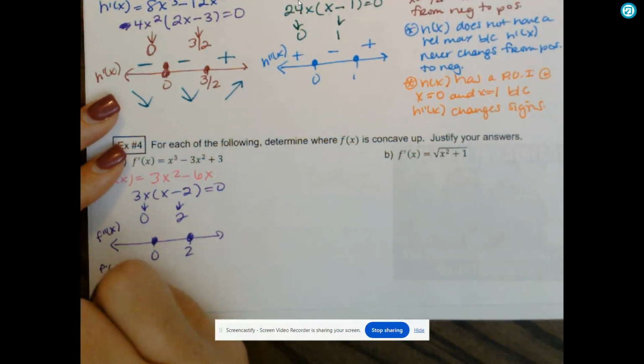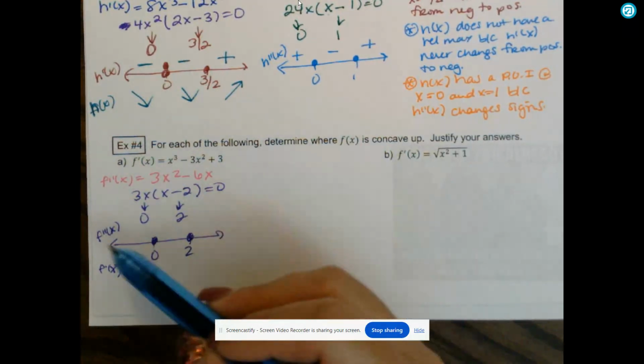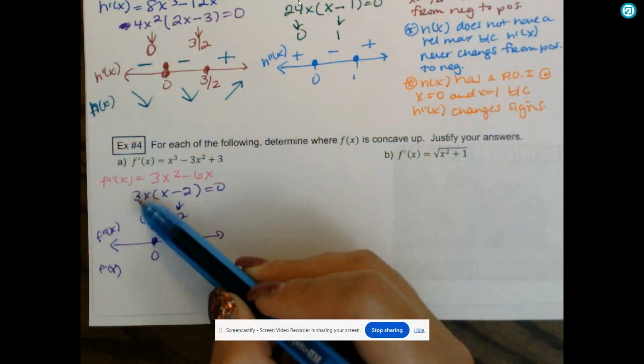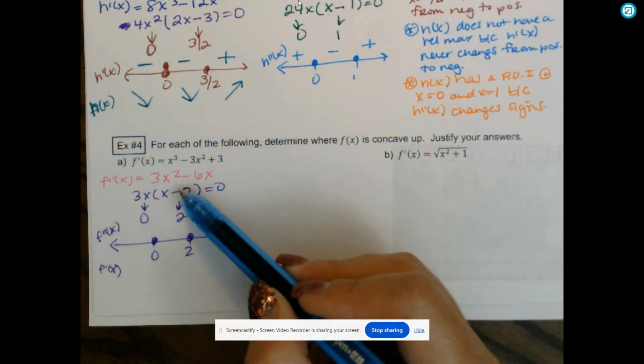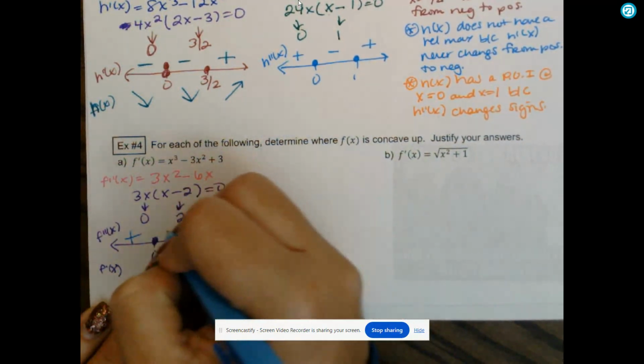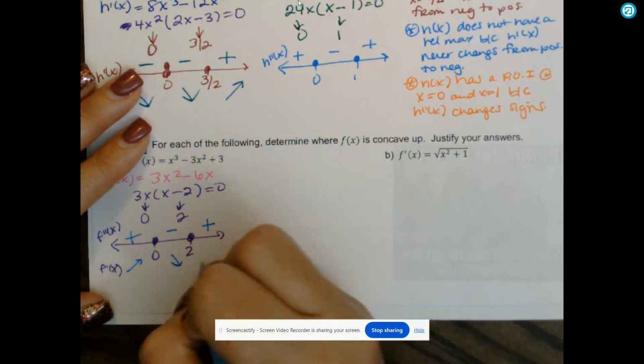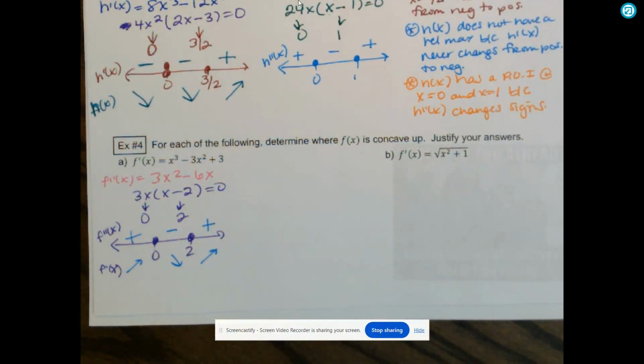So then we know f prime is doing something on here. So plug in a really, really big negative number. That's going to make the outside negative. A negative number here is going to make the inside negative, and a negative is going to be a positive. Odd dots change, odd dots change. So we will be going up, down, up. All right, so all we're asking about is concavity. So we know it is concave up whenever it is positive, greater than 0.